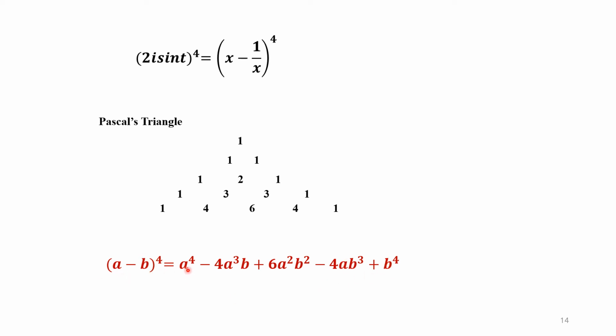Then start b. The power of a has to be in descending order and the power of b has to be in ascending order. So the first term we will get b raised to 0, that is 1, b raised to 1, b square, b cube and b raised to 4. So using this expansion, we have to expand x minus 1 by x whole raised to 4.